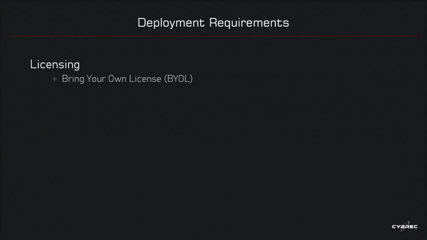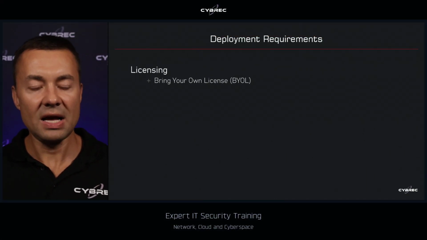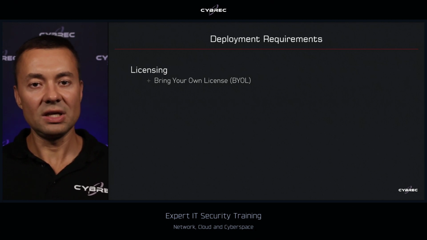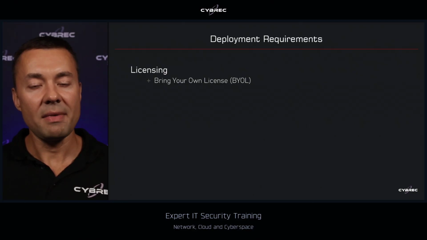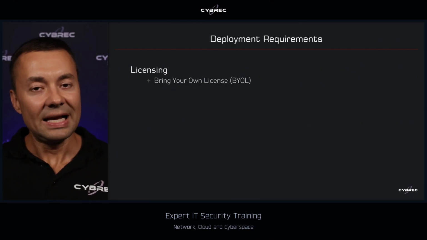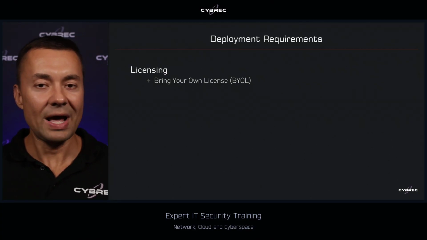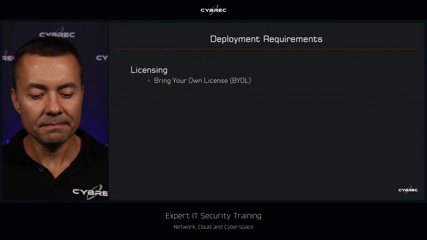The first thing I want to discuss for the deployment is going to be licensing. Licensing is important because it is going to eventually control the deployment procedure. Two types of licenses we have available are bring your own license, BYOL, and pay as you go, PAYG.